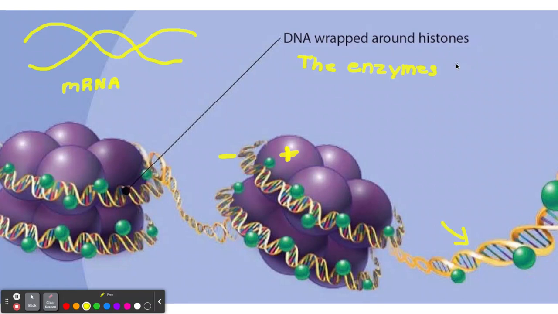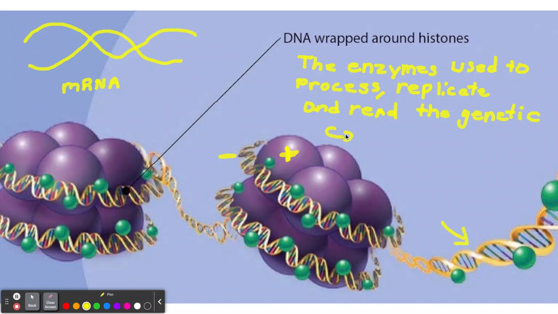So the enzymes used to process, replicate, and read the genetic code are similar in archaea and us, all eukaryotic life forms.